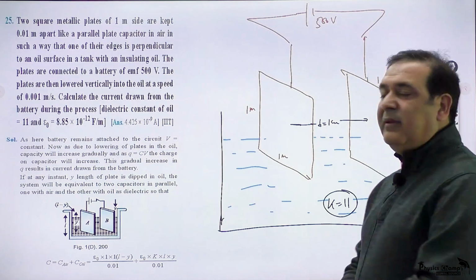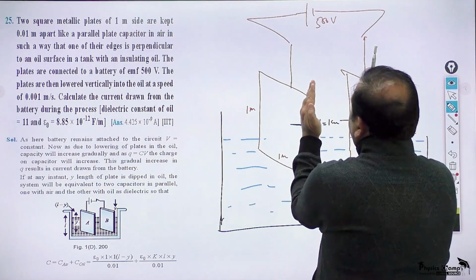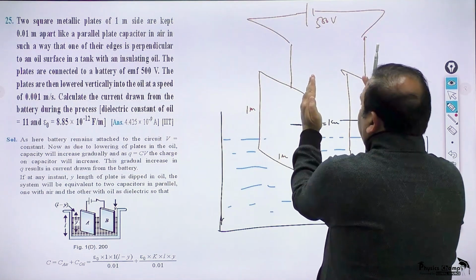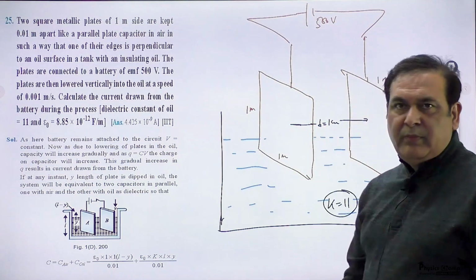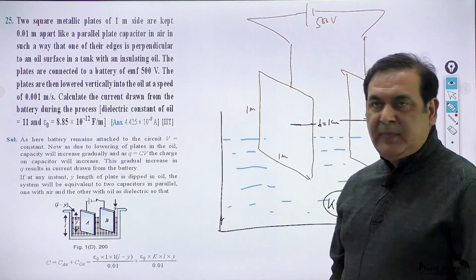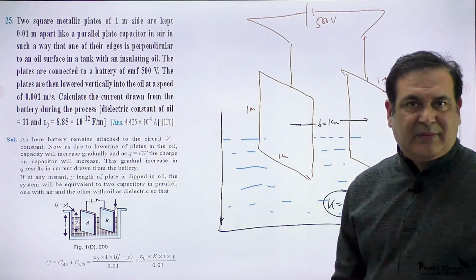So, the situation is that these two parallel plates, which are 1 centimeter apart, each of area 1 meter square, are slowly lowered into this oil. Question is, how much current will be drawn from this battery in the process?